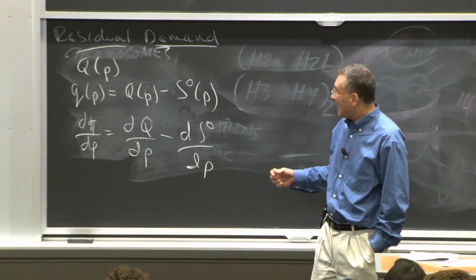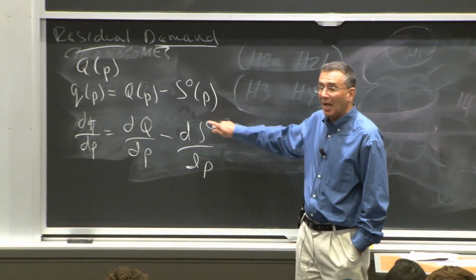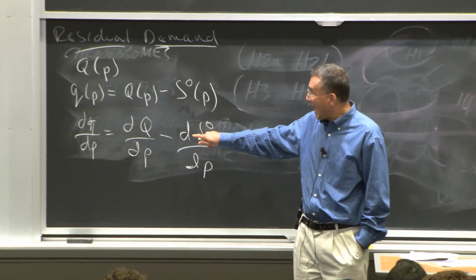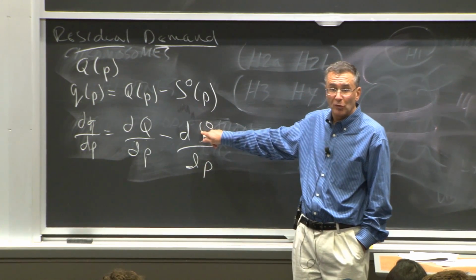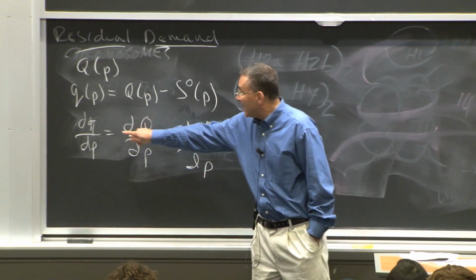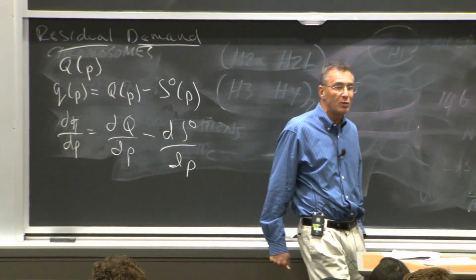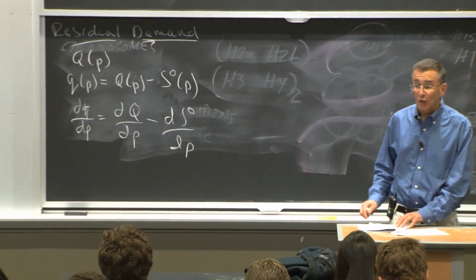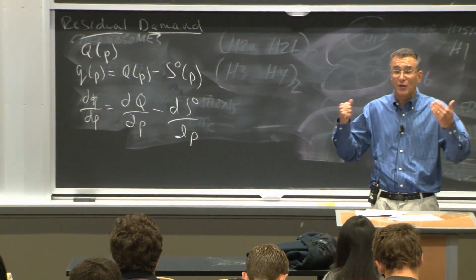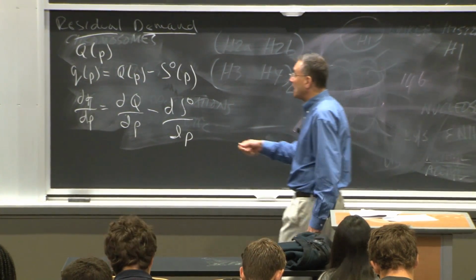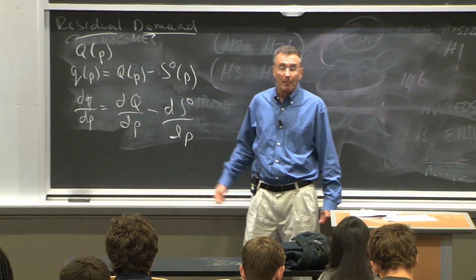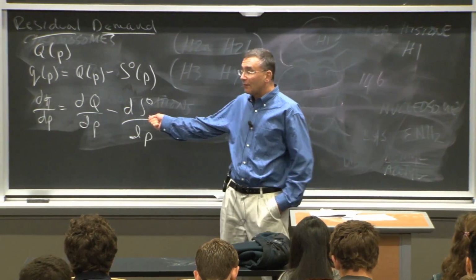But this term is positive, as the price goes up, other firms will supply more. So this is a negative minus a positive. So by definition, dq/dp is larger in absolute value. It's a bigger negative number than dQ/dp, because you're subtracting off a positive number.